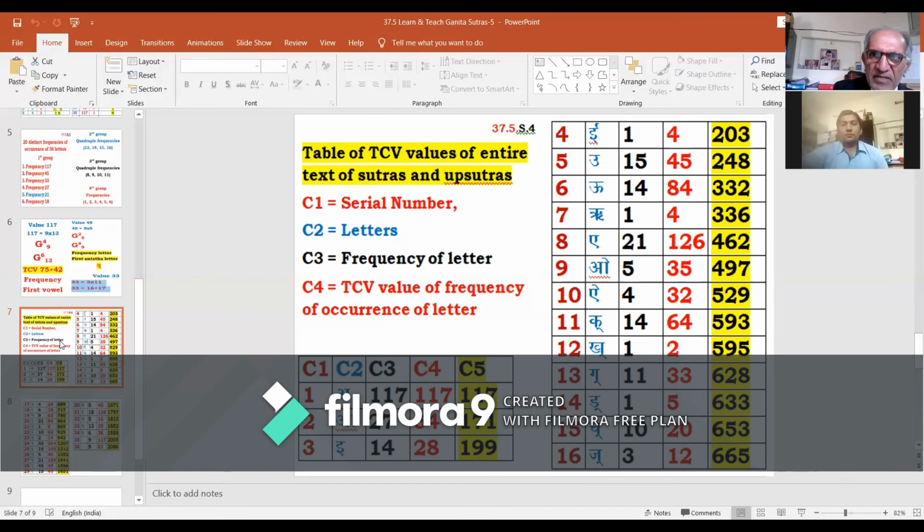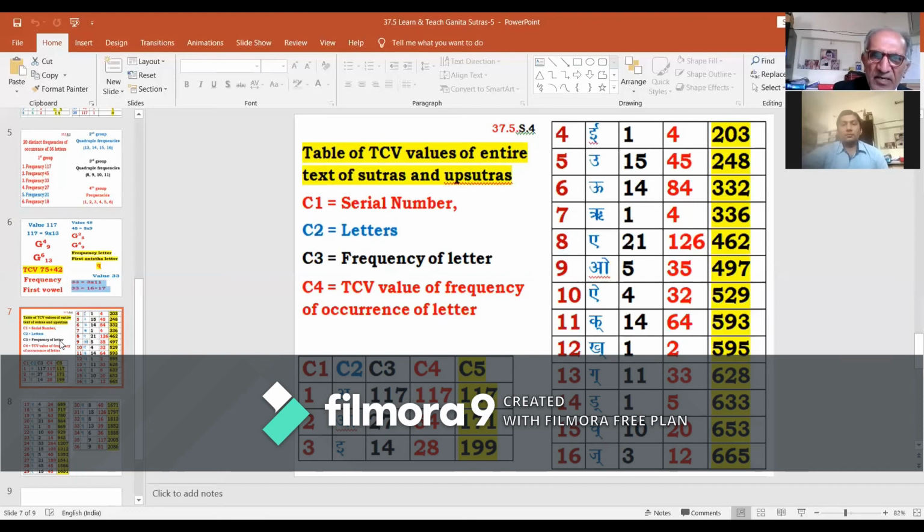A further blissful exercise is that we shall reach the TCV values of the entire text, Ganita Sutras and Upsutras. One simple reach will be to have a tabulation of 36 letters along with their frequency of occurrence, and then from there we shall reach the TCV values as tabulated here.